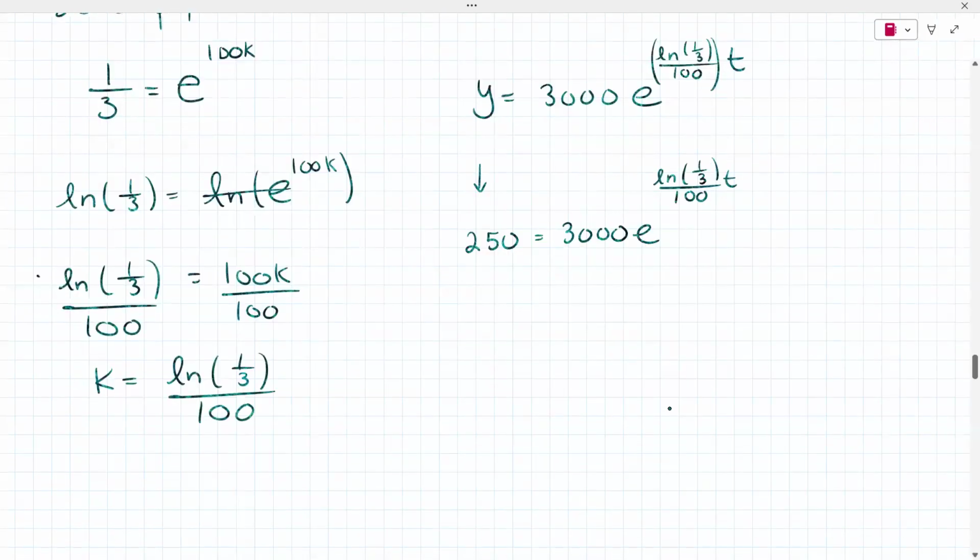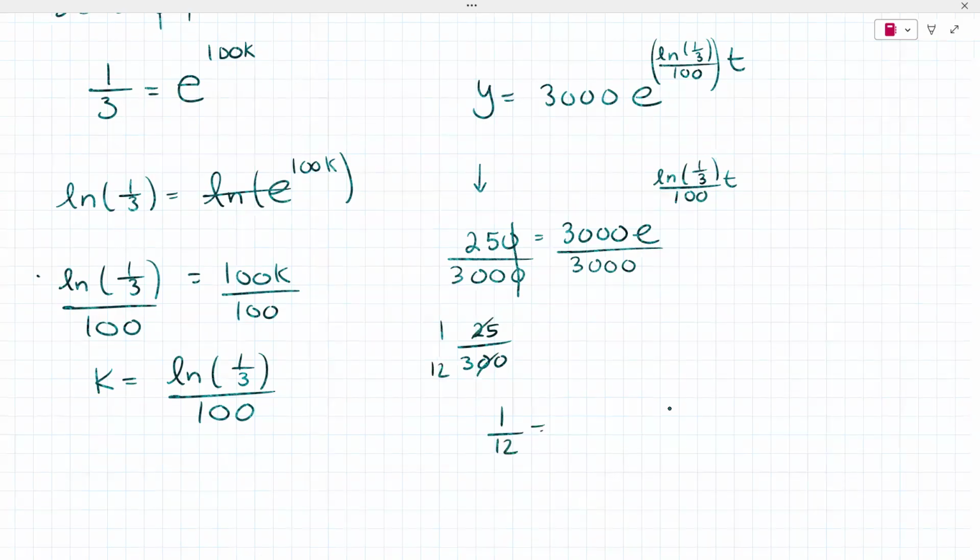Go ahead and solve for T, so divide this by 3000. One of the zeros cancel, so you're left with 25 over 300. This could be reduced by 25, so this is 1 over 12.